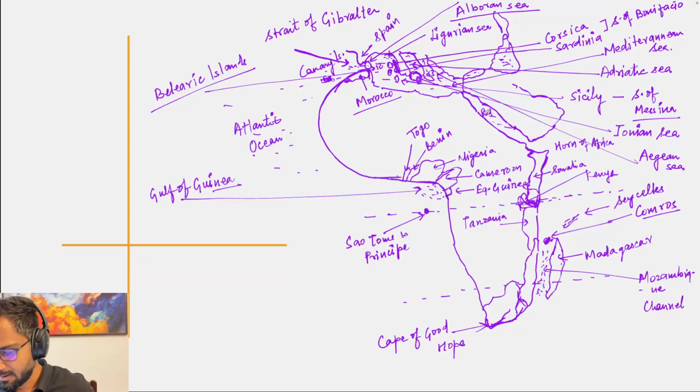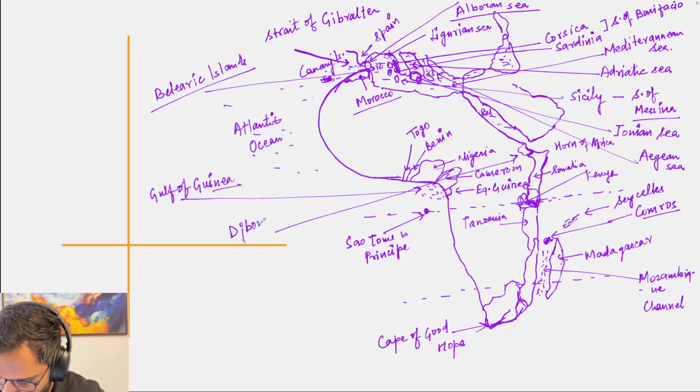Red Sea. And this small country over here is Mozambique, sorry, over here is Djibouti. This country is Djibouti, and this narrow country is Eritrea.